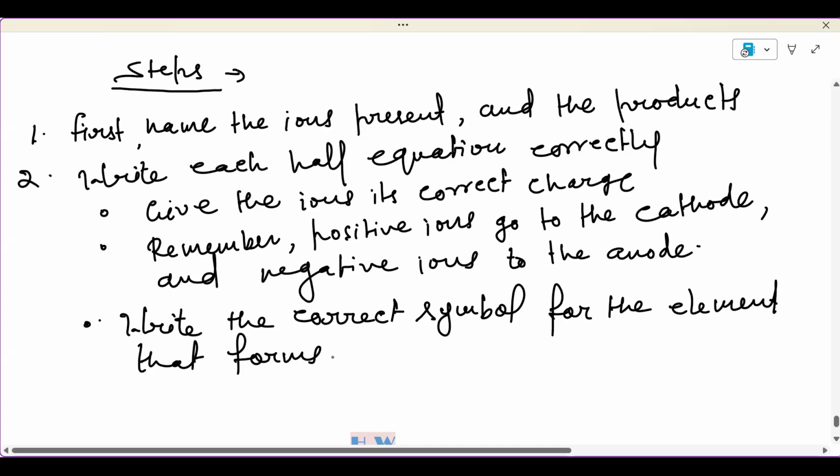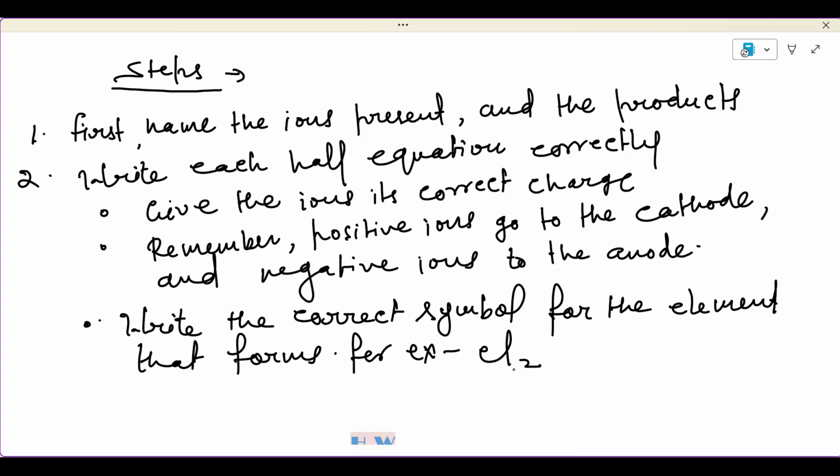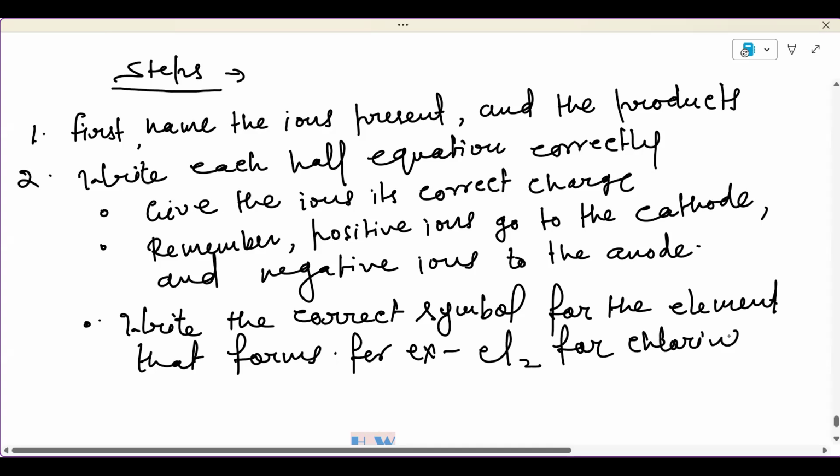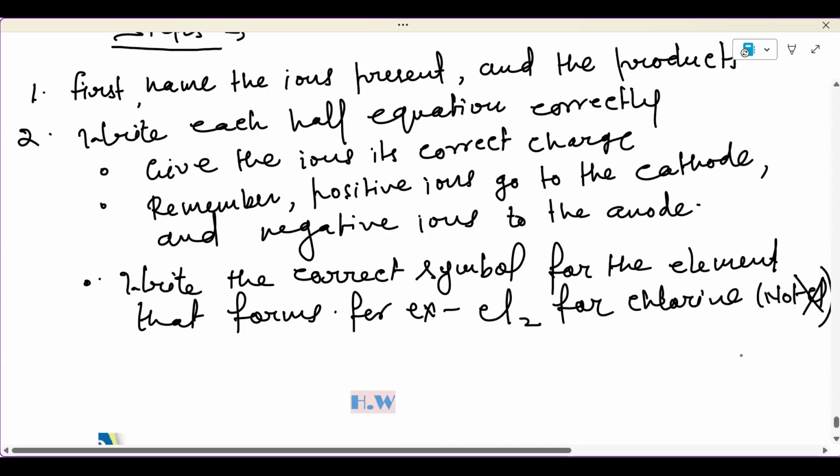For example, Cl2 for chlorine, right? It should be Cl2, its molecular form. Cl2 for chlorine, not Cl. Remember, don't write Cl. It should be Cl2.